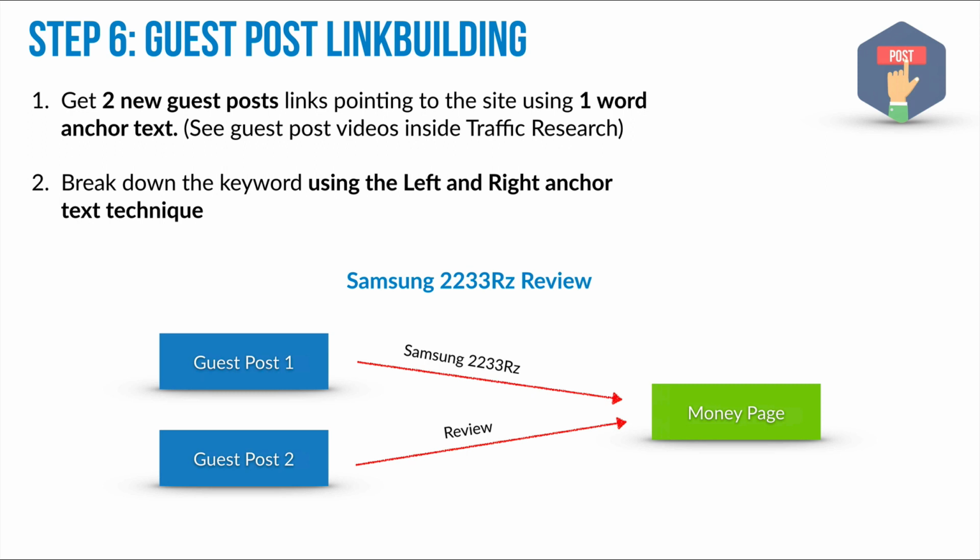But when you do build those guest posts, use one-word anchor text using the left and right technique. So for instance, if I'm trying to rank for Samsung 2233RZ review, I might break it down this way. I might have one anchor text that says Samsung 2233RZ, and then the other link might just say review. You could imagine this within text saying, hey, if you want to read the review, and then you hyperlink review, and then click here.